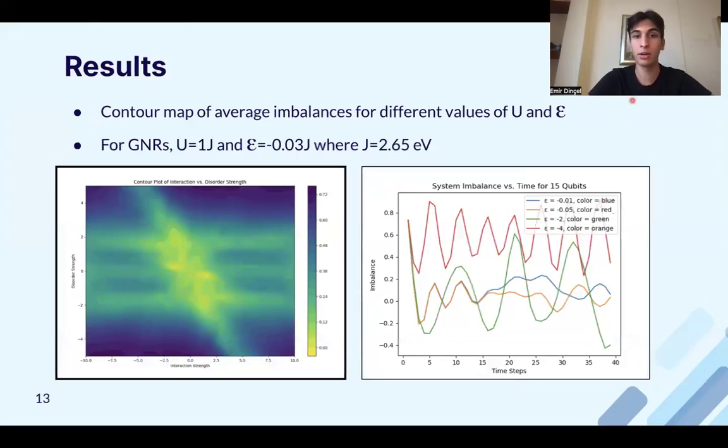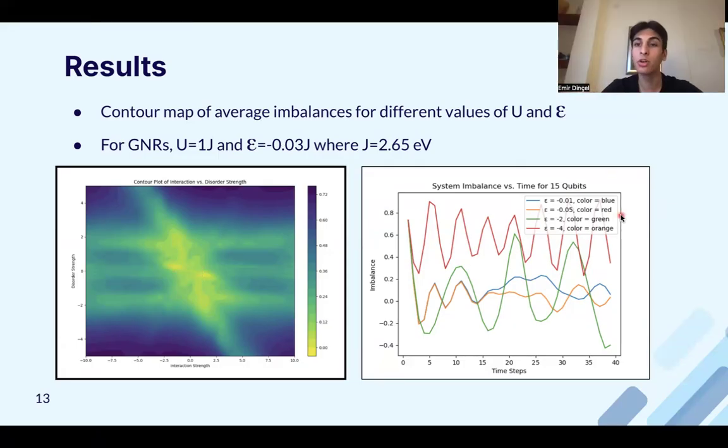And as a result, when we calculate the average imbalances for different values of U and E, which are the disorder strength and the interaction strength, we will find that for our chosen values, which is 1J for U and negative 0.03J for E, the system is actually thermalized, as you can see in the center here when you look at the given values, and it will be very close to zero, showing that it is thermalized.